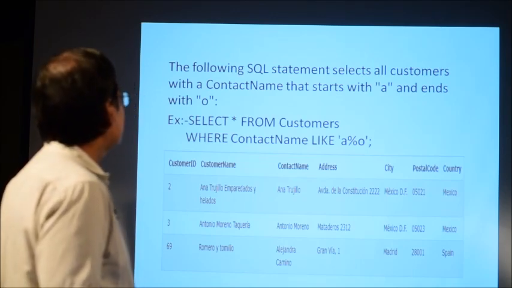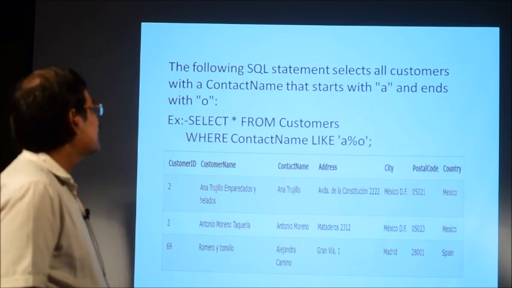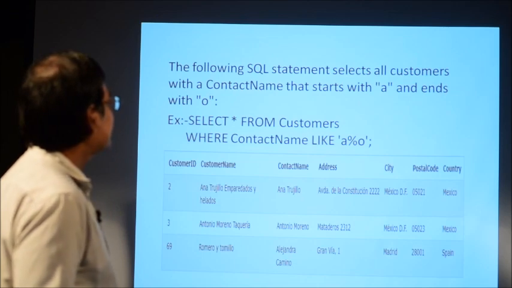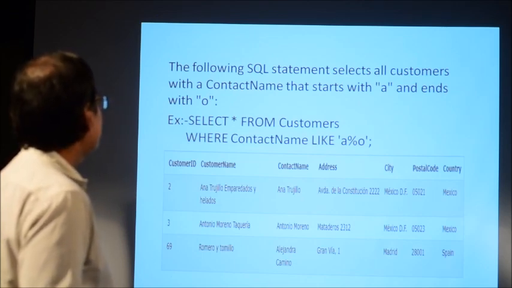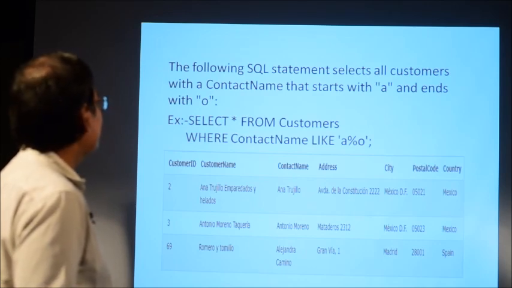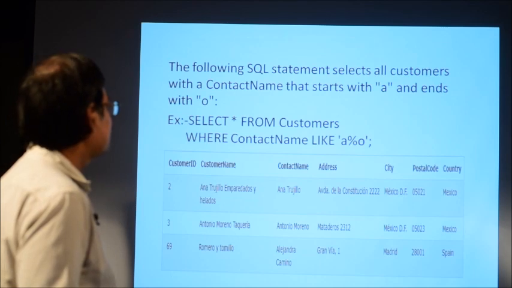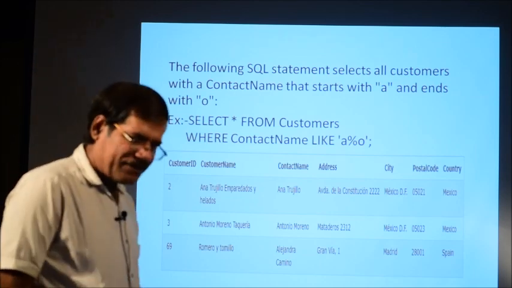Another example. Suppose I am asking another question: the following SQL statement selects all customers with a contact name that starts with A and ends with O. What is my requirement?